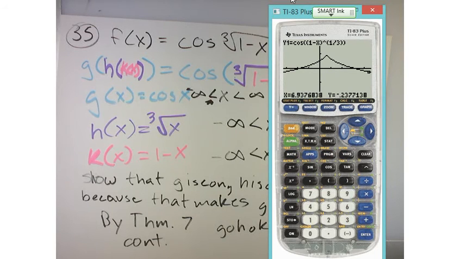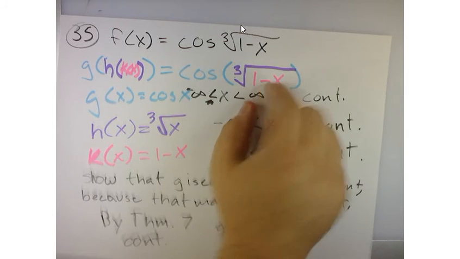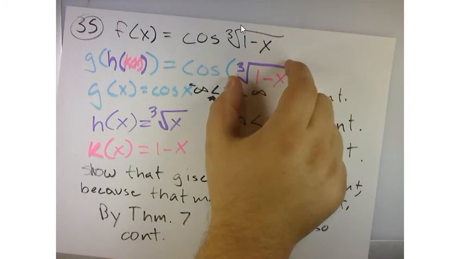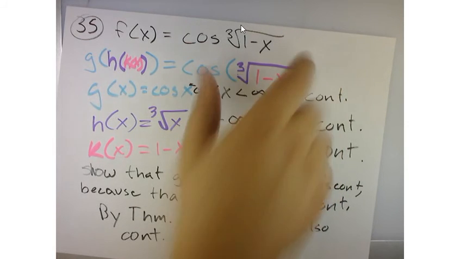If any one of these functions that I plug into the main function cosine of x had a domain restriction, that domain restriction gets carried with it. In other words, if this had a domain restriction, well, guess what? This will have a domain restriction.